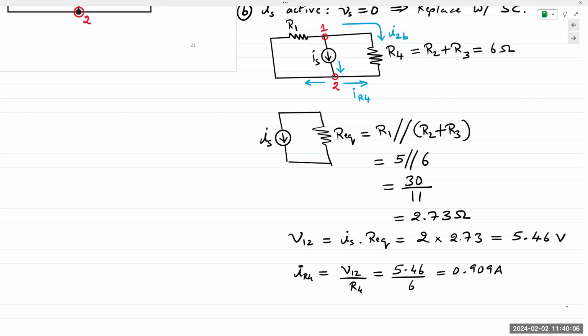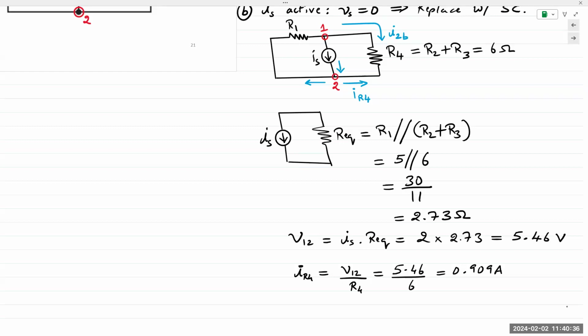But the job's not done yet. Yes. Well, you tell me. You noticed it, so you're on the right track. What is your conclusion? Absolutely. So IR4, if we note the current direction, is the opposite of our noted current at the beginning of the problem, which is I2B.